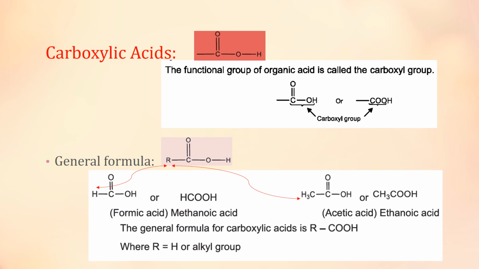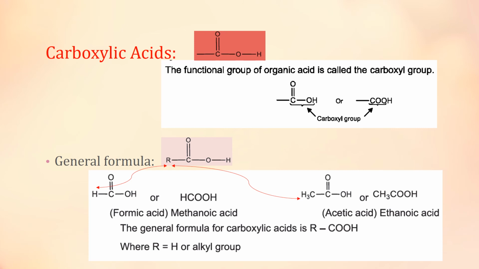In the case of this R, you can see the arrow sign I have given here. This R may be replaced by a hydrogen atom, and if there is a hydrogen atom instead of this alkyl group, then the compound is H C double bond OH, which is called formic acid or methanoic acid. And in the second example you can see that some alkyl group is attached to this R. It may be methyl, ethyl, propyl, whatever.